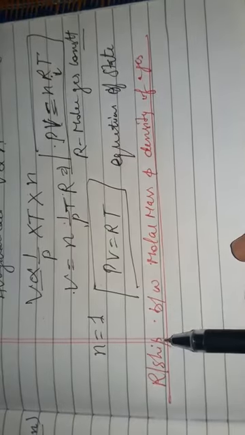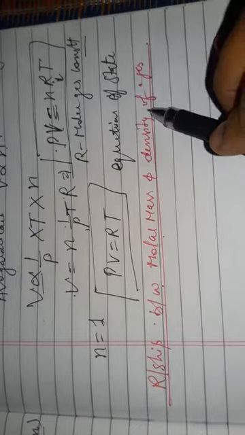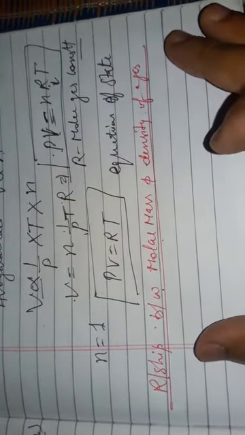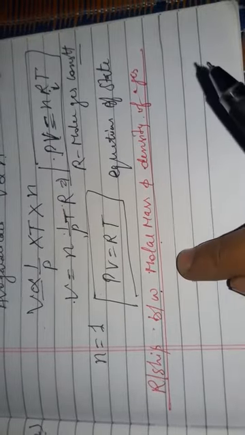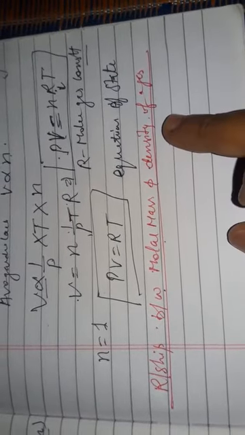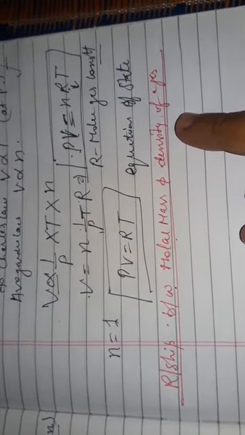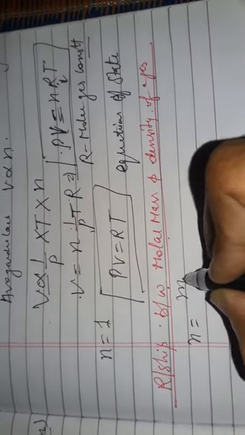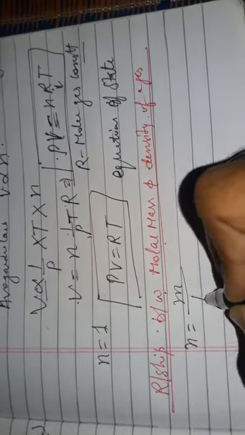Okay, so students, next topic is the relation between molar mass and density of a gas. This relation is also related to the ideal gas equation. So what's the relationship between molar mass and density? You all know that the number of moles is calculated from the given mass of a substance and its molar mass.